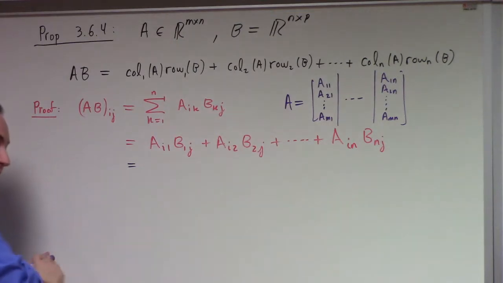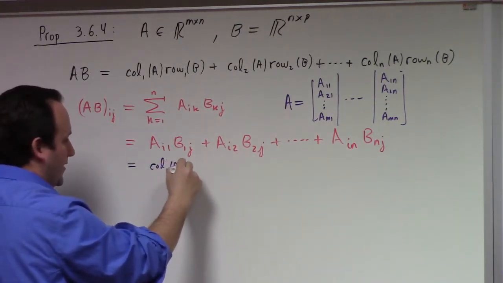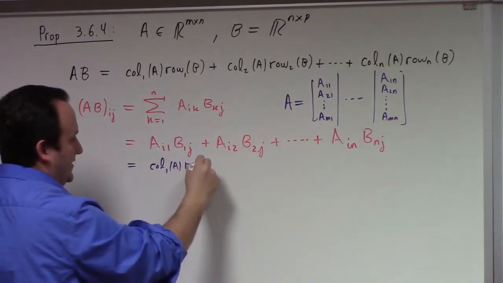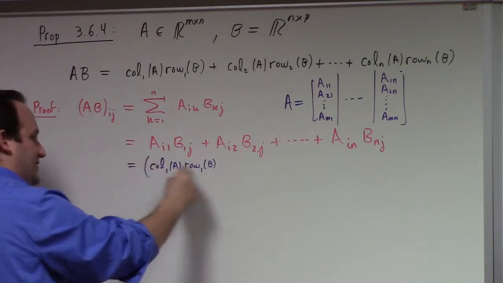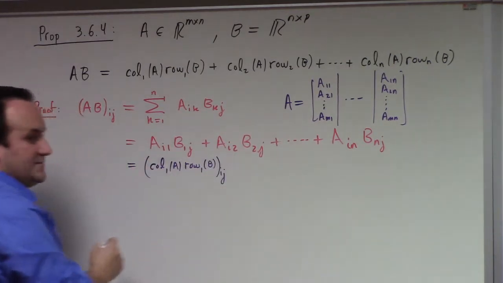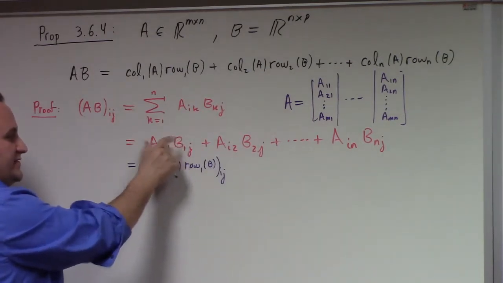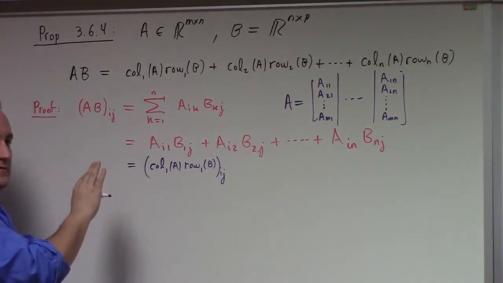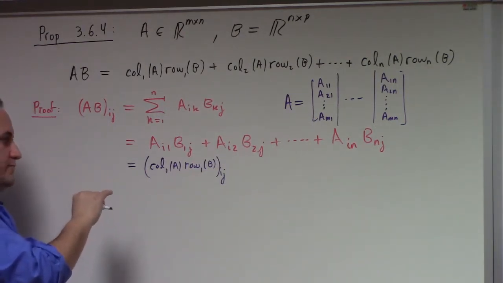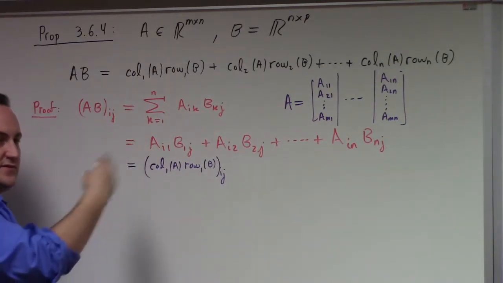Column 1 of A times row 1 of B is a matrix, and in fact this is the ijth element of that matrix. This is one of those column times row multiplications we looked at last time, giving us a matrix.